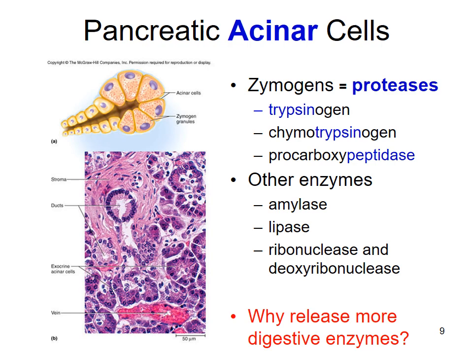Now, a lot of the enzymes they'll produce will be in what we like to call proenzyme form, meaning that they are not activated until they actually are released by the pancreas. And the main reason for that is because a lot of these are proteases. Proteases are enzymes that break down proteins, and your pancreas is mostly made out of proteins.